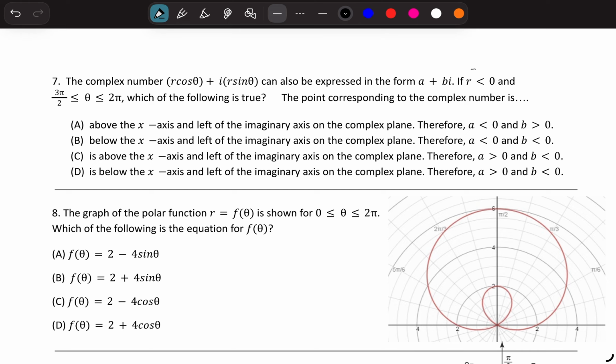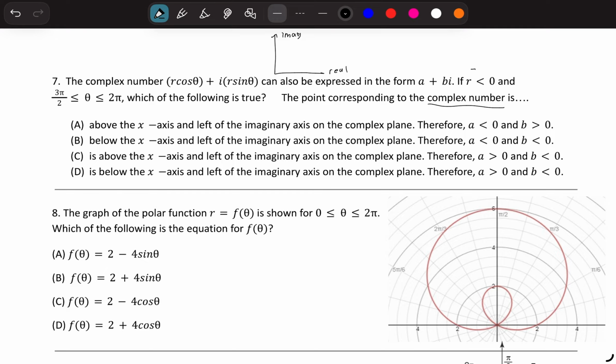So what we know is we have to examine what our axes are. Our vertical axis of the complex plane is imaginary, and our horizontal is going to be real.